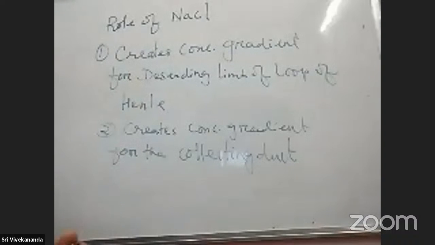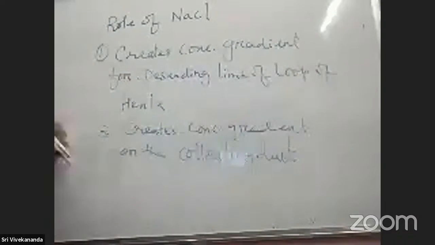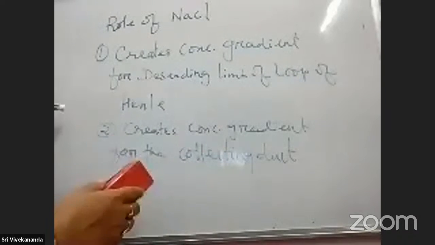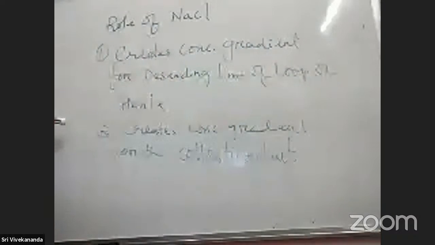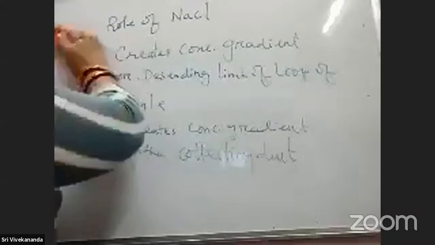One more thing from the collecting duct. Actually I erased the drawing, now I need the drawing. Have you written this part? Yes, ma'am. I'm going to erase it. So here one more cycle happens.